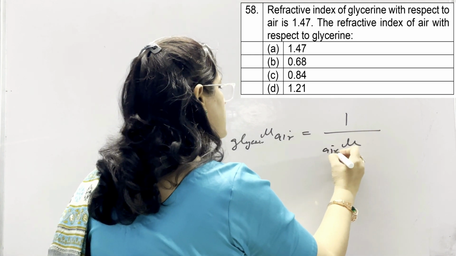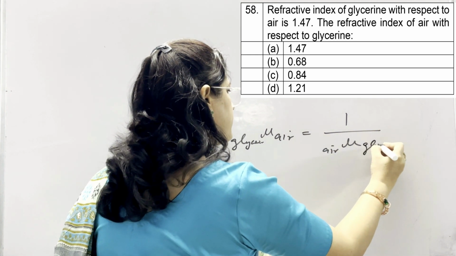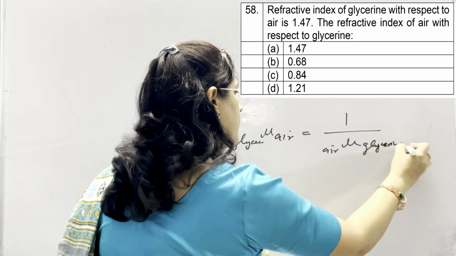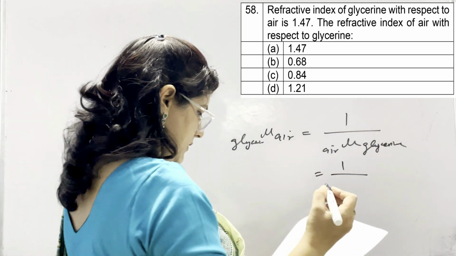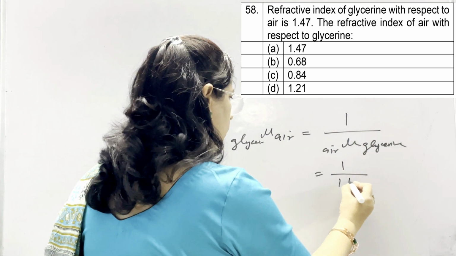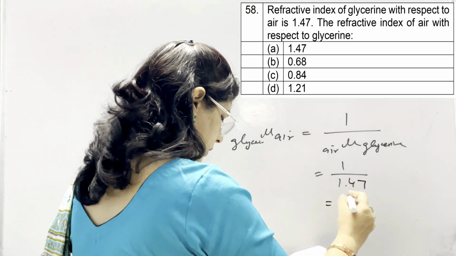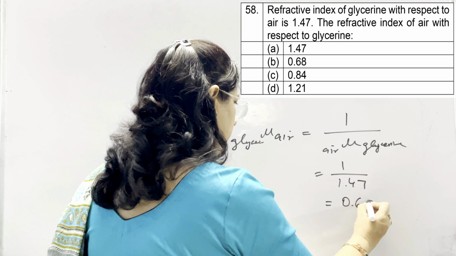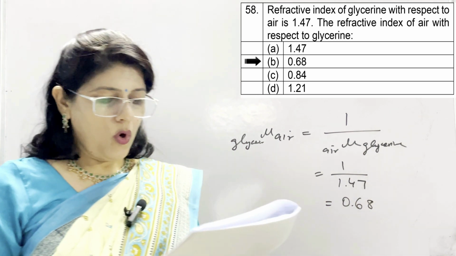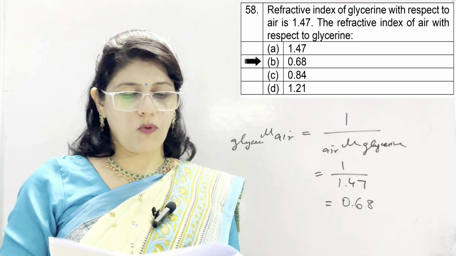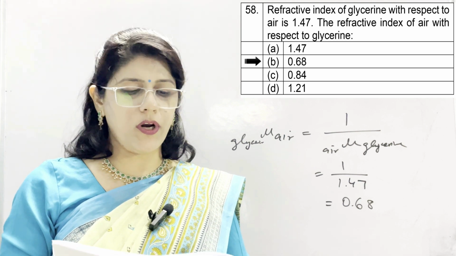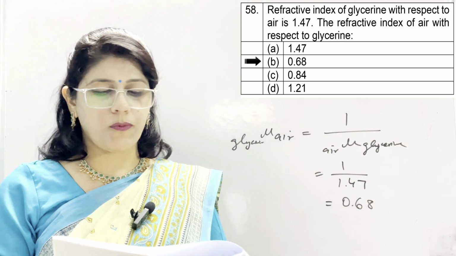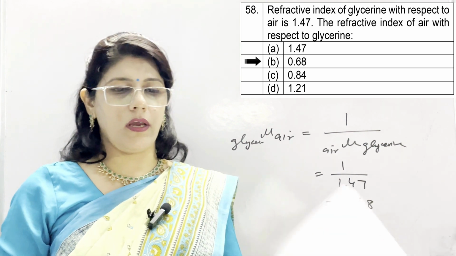Here we need to reciprocate. So now take the reciprocal of the given value, which is 1.47. 1 upon 1.47, its value is 0.68. So options given are 1.47, 0.68, 0.84 and 1.21. And the correct option is B, which is 0.68.